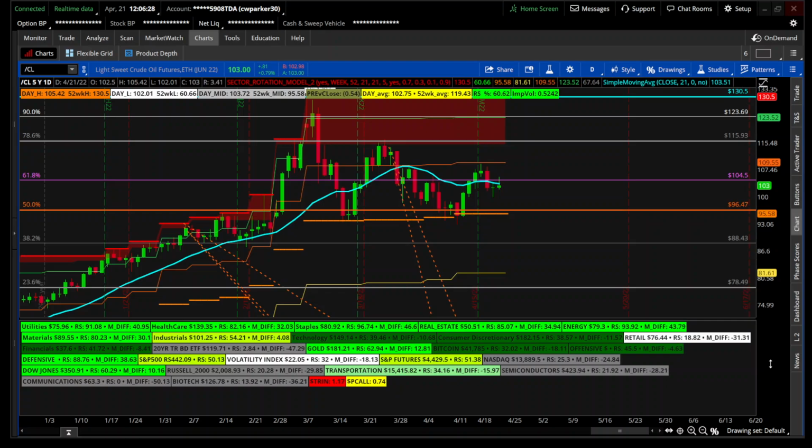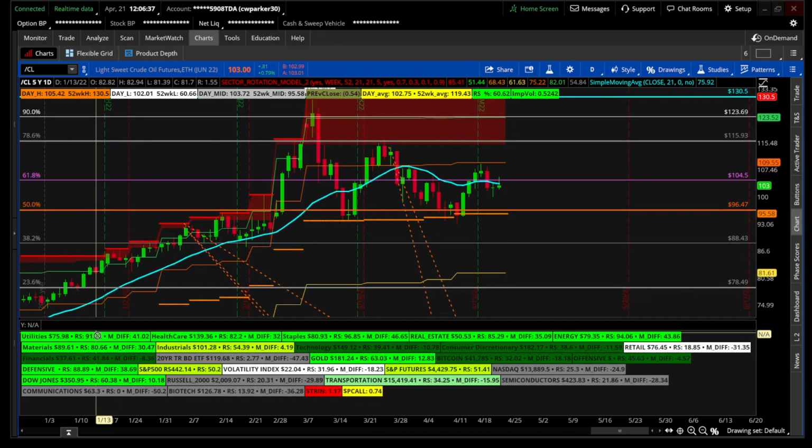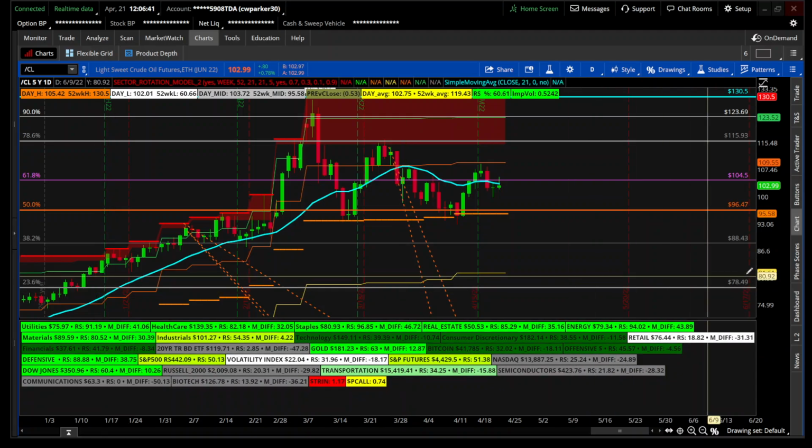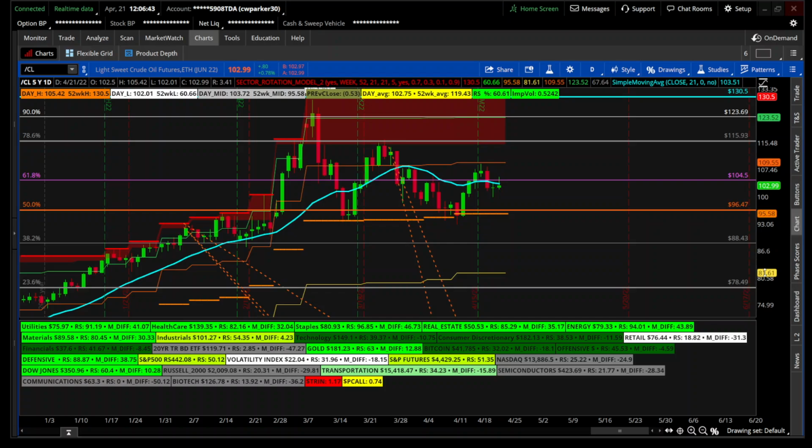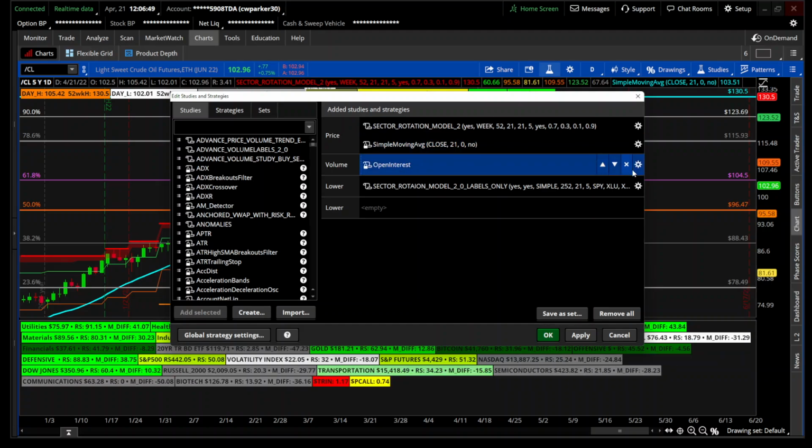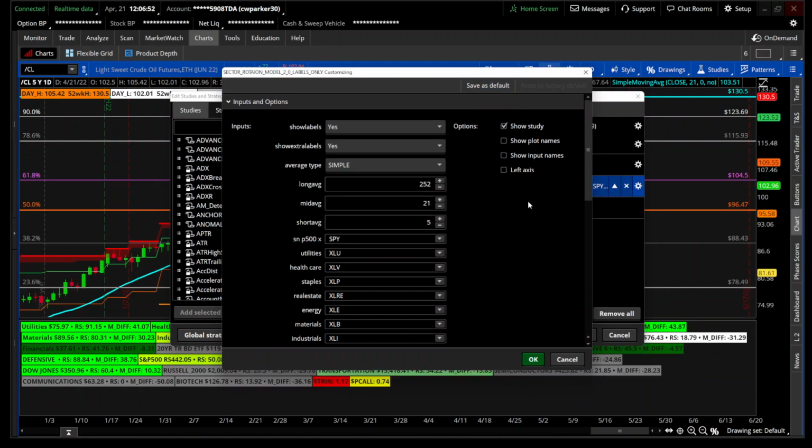If you look at it, you have the bright green. If it's above 50, the midline for its 52-week high and low, and its short average is above its mid average, then it's going to be bright green.